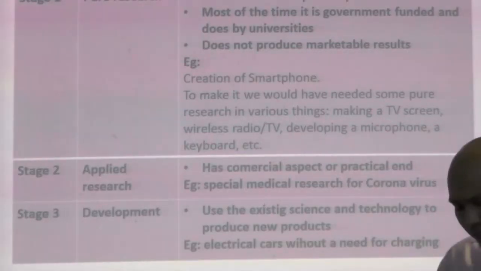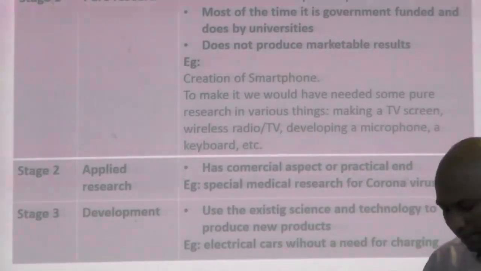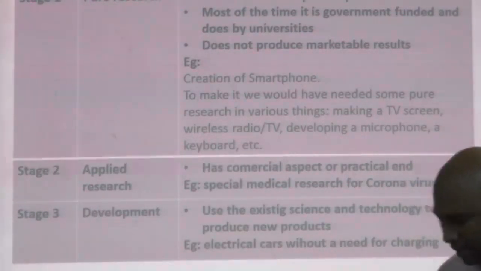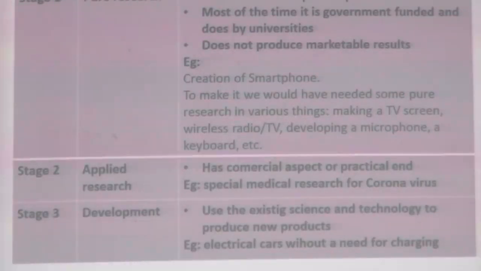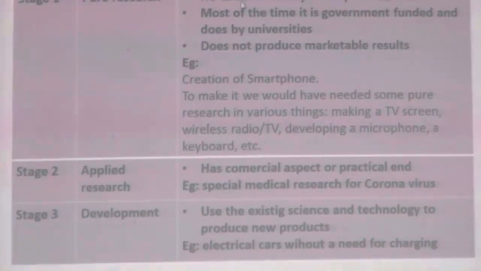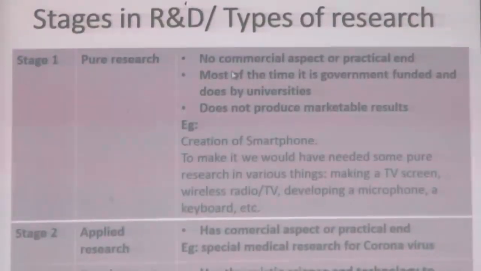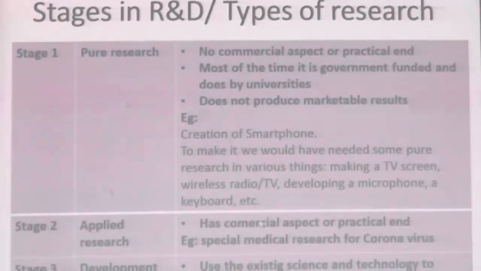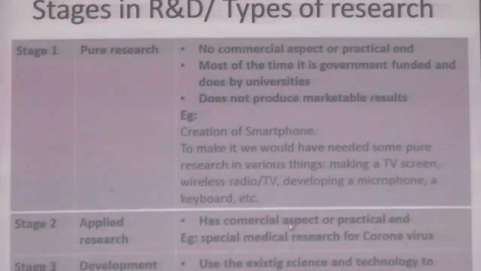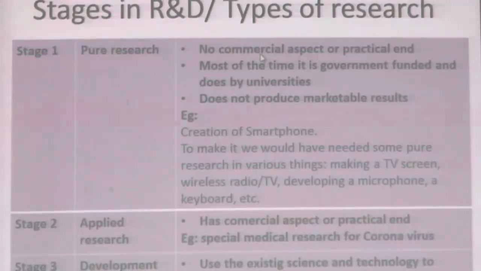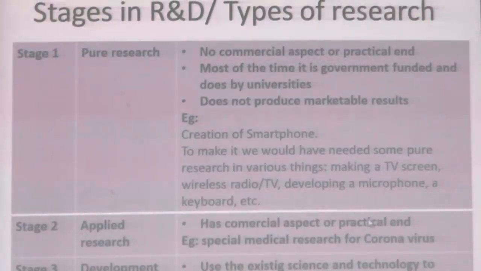And in the question paper, I feel like sometimes they will ask about the main feature of pure research. It may be mentioned that it has a commercial aspect, that it doesn't concern about money, that it has a practical end, that it has no practical end.